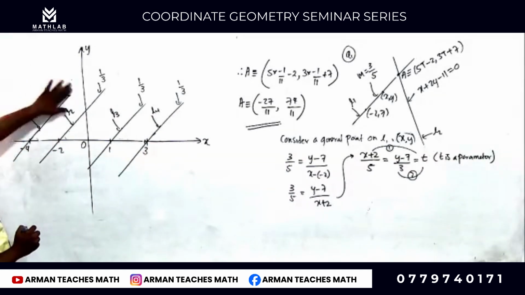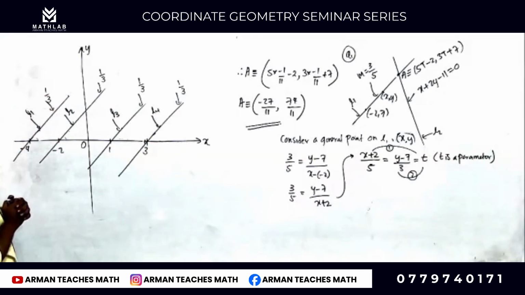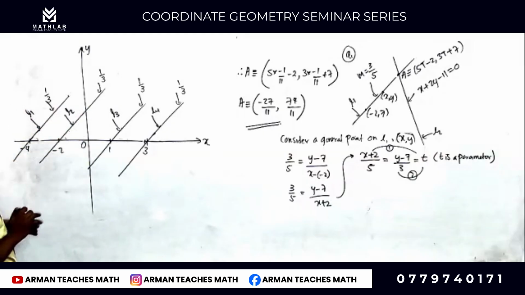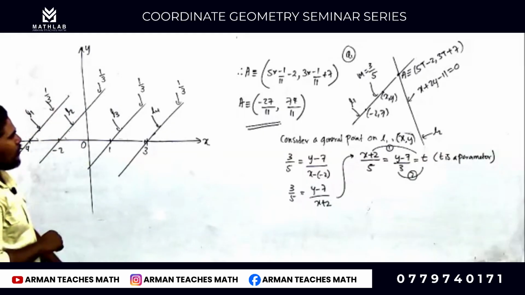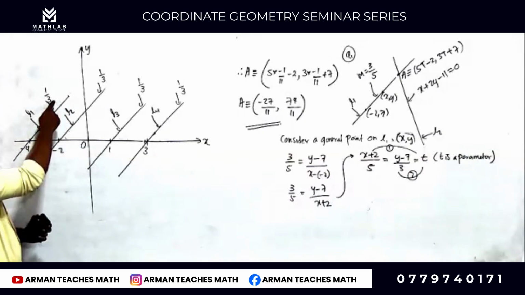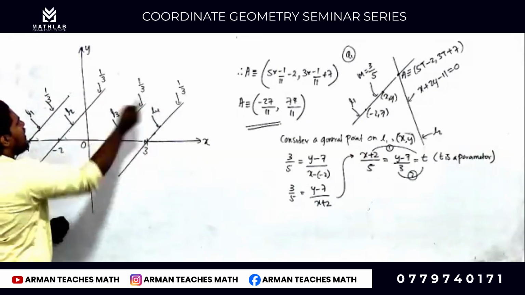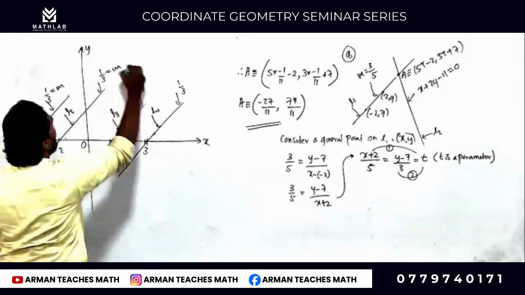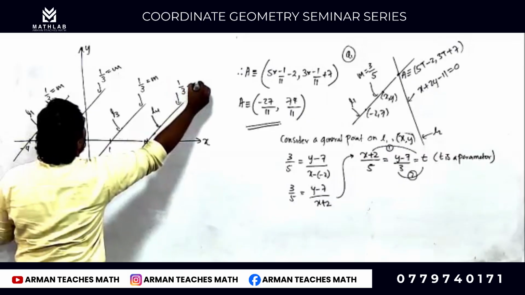Listen now. L1, L2, L3, L4, these are the straight lines. I'm going to assign a task for you. We know the gradient of all the straight line segments. The gradient is m, given as 1/3.